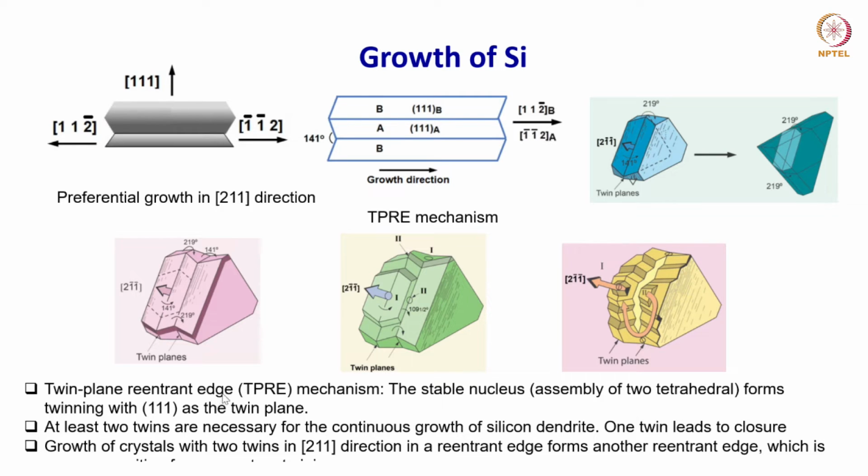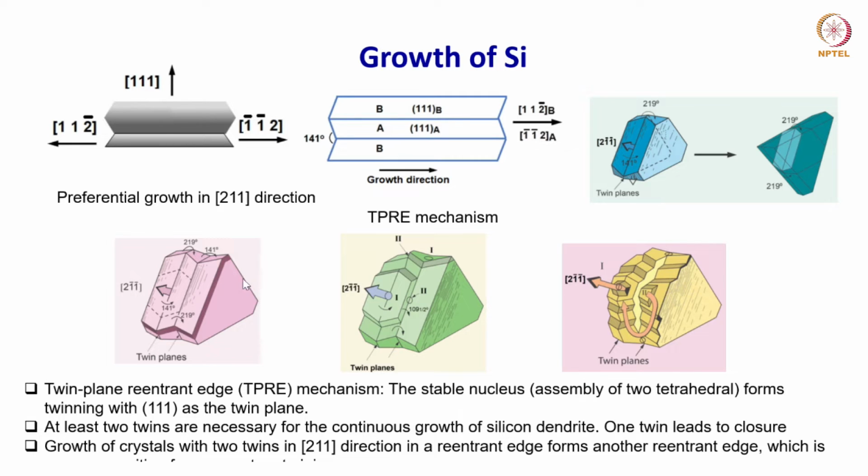Okay, so this mechanism tells you that when a twin forms in the silicon crystal, and if there are two twins, then along these twins you have these reentrant edges, which are the preferential sites for the silicon atoms to attach, right? So these edges are kind of preferential nucleation sites for the silicon to grow.